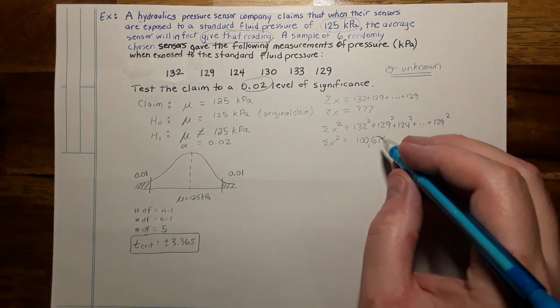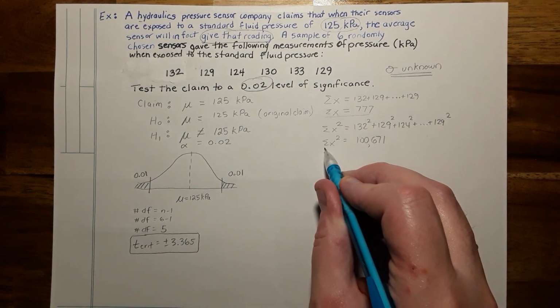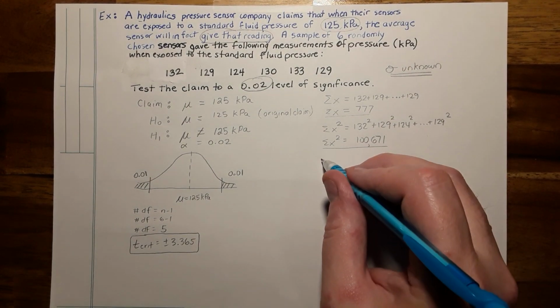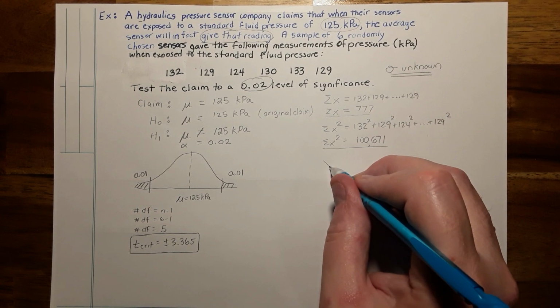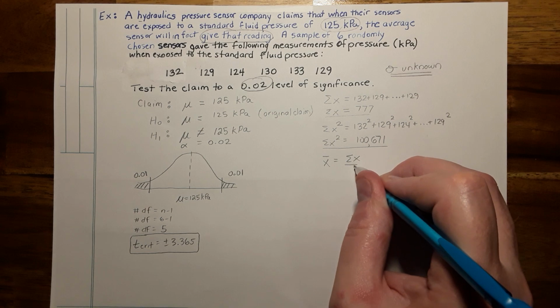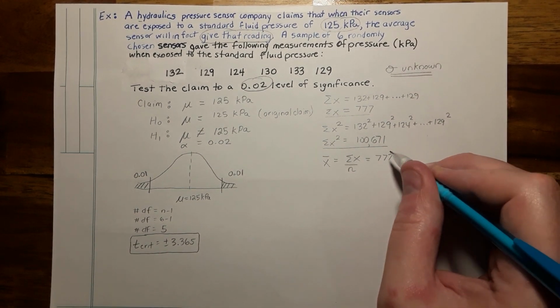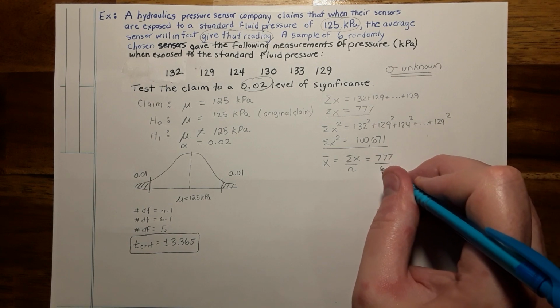We can take these two values and put them into the formula for the mean of a sample, the sum of the values over the sample size. That's 777 over 6.